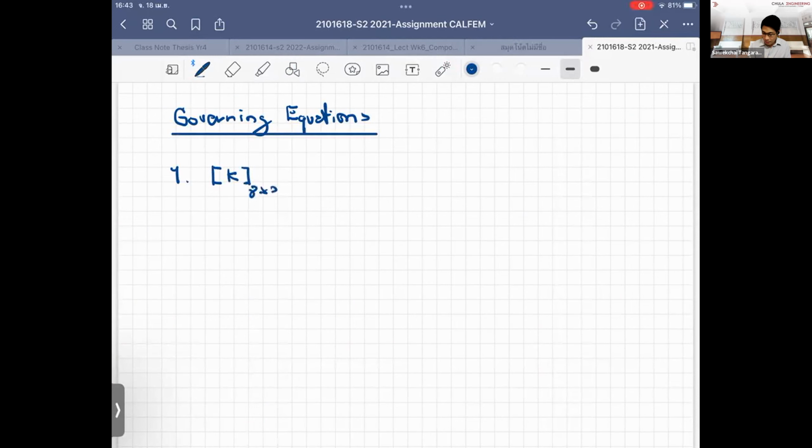This is x by x for each element. Because you have 4 nodes, and you may ask, okay, before we start with the stiffness matrix, I start with the force function first. For each element, this is the force.